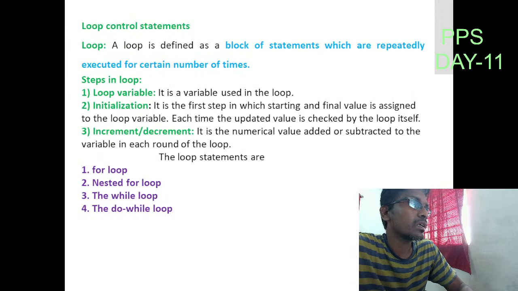So what is a loop control statement? A loop is defined as a block of statements which are repeatedly executed for a certain number of times. If you want to execute a block of statements a number of times, then you have to use loop control statements.